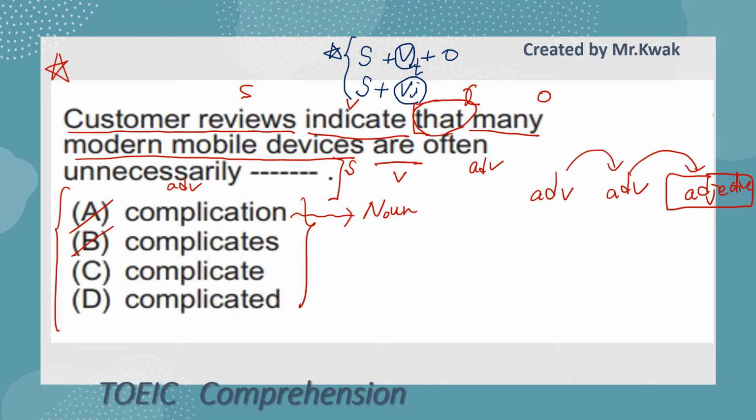B is a verb, specifically a verb in the third person. C is still a verb. D is complicated, an adjective. So the answer is D.